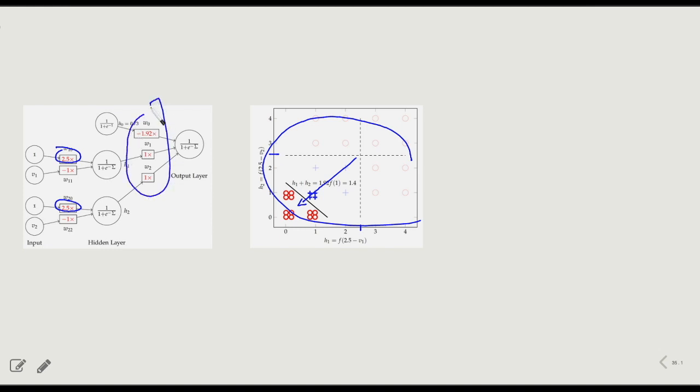The W0, W1, W2 weights represent the weights for the linear function, the line here, to separate the transformed classes. This transformation is similar to the model that we discussed earlier, but not exactly the same.